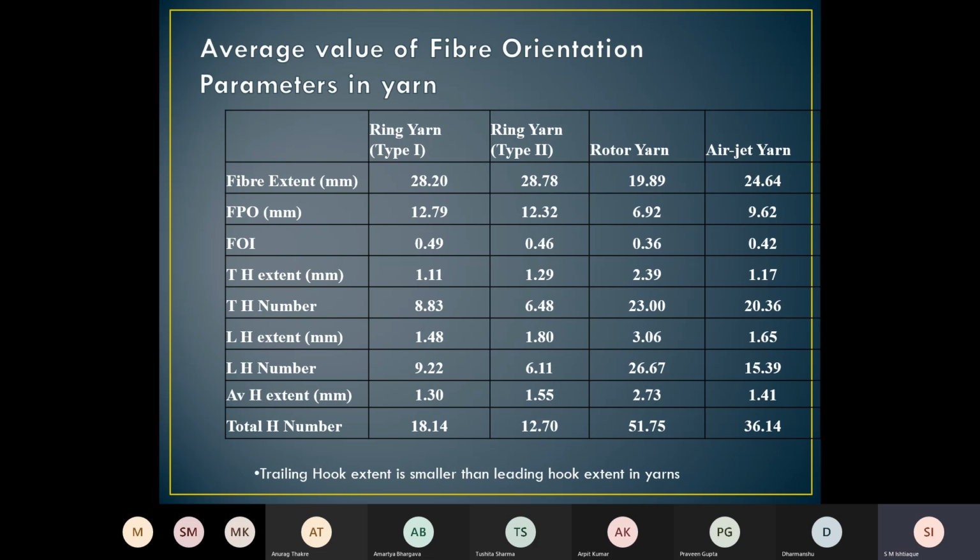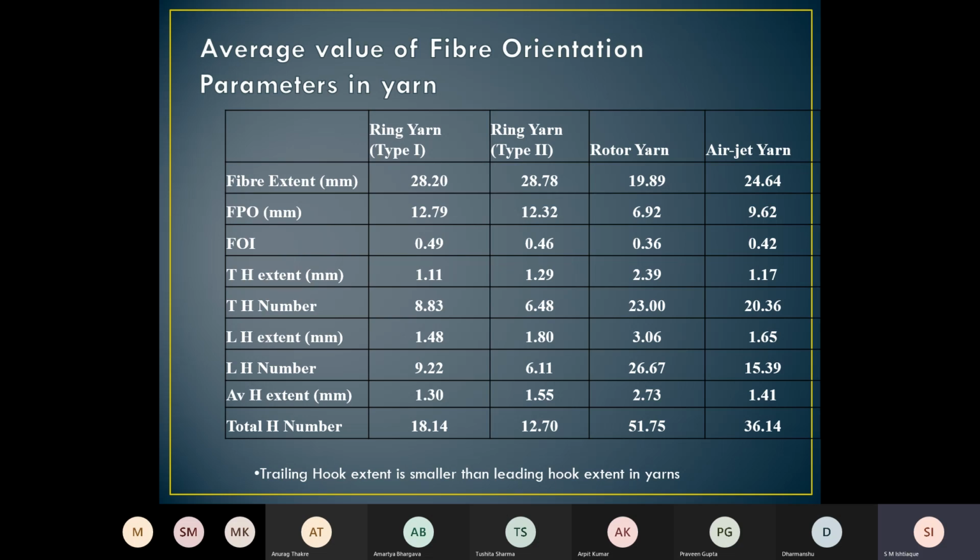So the answer is yes. The moment I say I have increased my spindle speed, and in another case I made a yarn with 20,000 spindle RPM, my packing density will increase. Your spinning coefficient is likely to increase, but strength is reducing. So why is it reducing? Because due to higher spindle speed, fiber slip will take place from the nip point where I have the least twist.